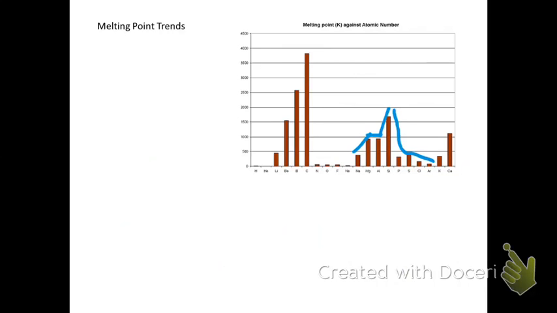So the bottom line is that when we're moving left to right across the periodic table, at first we see a general increase in melting point due to metallic bonding. And then we see a very large increase in melting point that is due to the elements that can form covalent coordinated compounds, or these giant molecules.